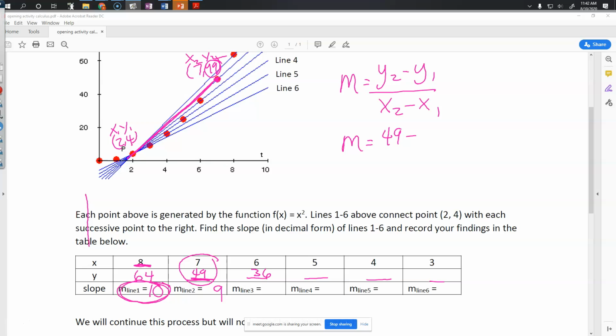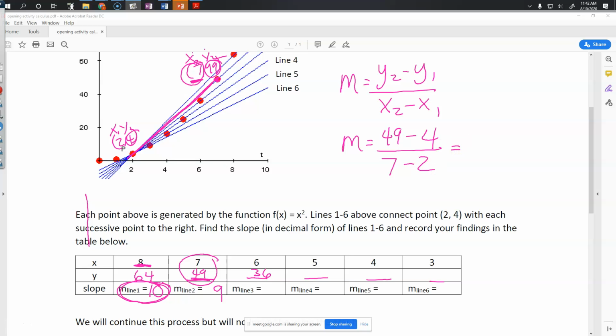I heard somebody say 7. That's my x2. I've got them labeled there. I don't know, maybe it's hard to read, because my handwriting's not all that great. But my y1 is actually 4. What's x2? x2 is 7, right here. And what's x1? 2. There you go.